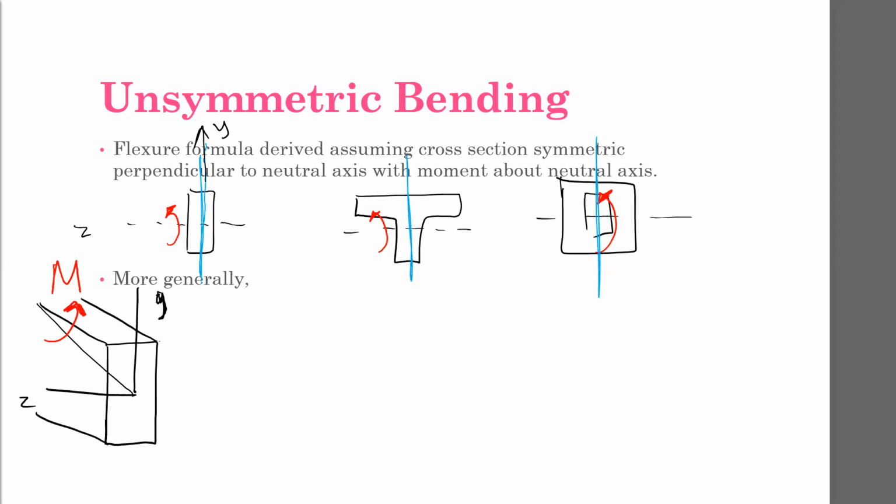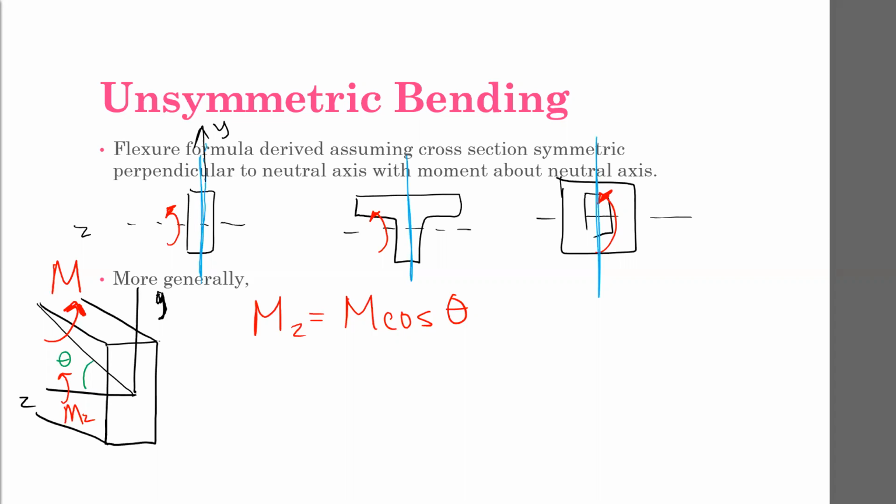So back in statics, I think you've done that before. Have you seen where you can take this moment and you can calculate M cosine theta, where theta is this angle to the z-axis? That gives you the moment about the z-axis.